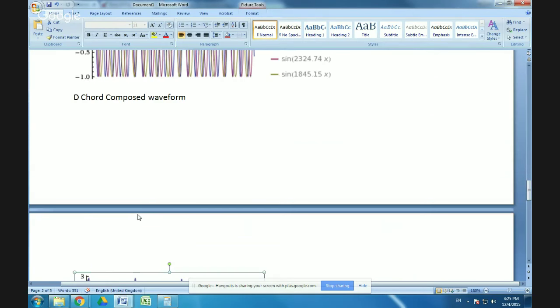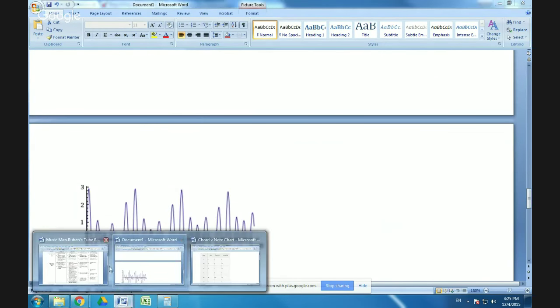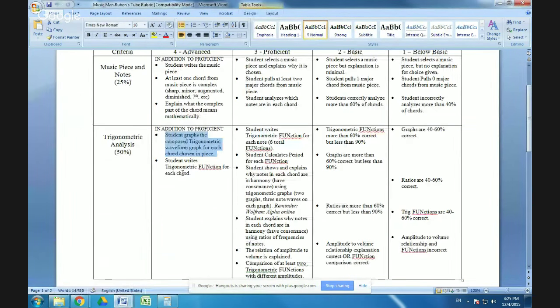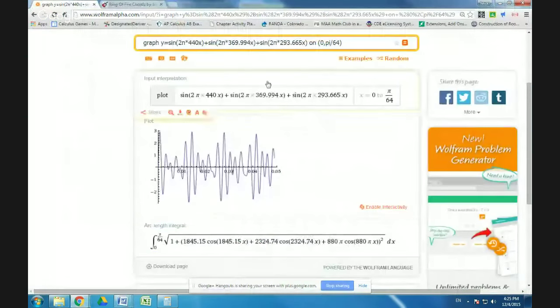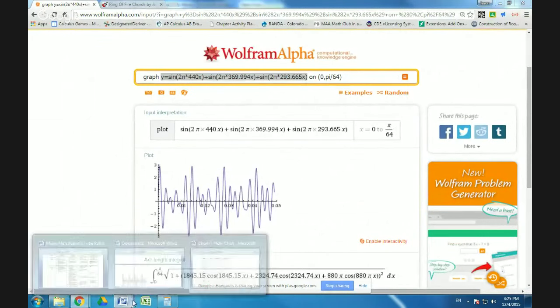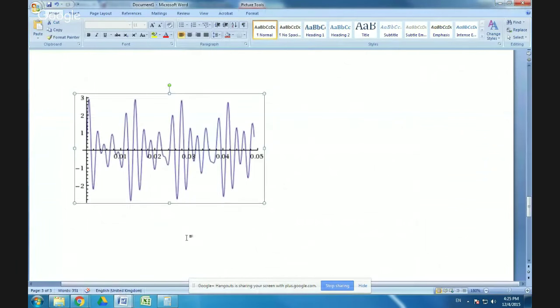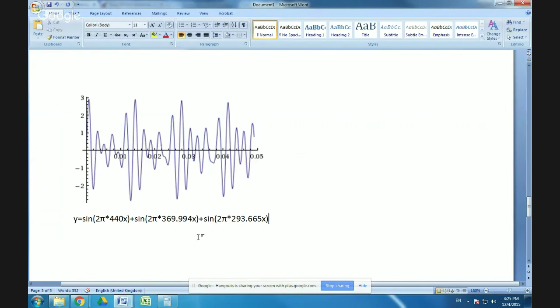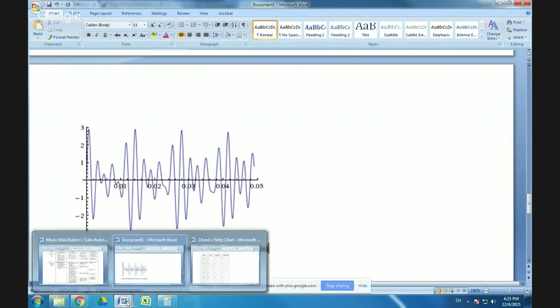Okay. So that would be part of the advanced. The other part on that end would be to write the trig function for each chord. And it's right here. So we could actually, hopefully, copy. There you go. So you just earned advanced in that.